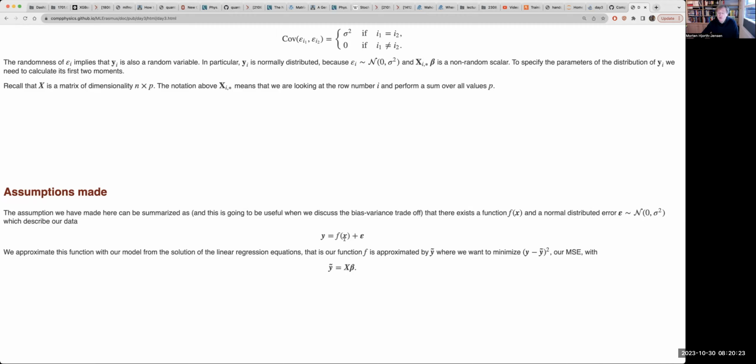So we often assume that the x's here are not random variables, they're well determined. So if you run an experiment, we often have a very good control over the experimental input, and we assume that there is not much uncertainty there.